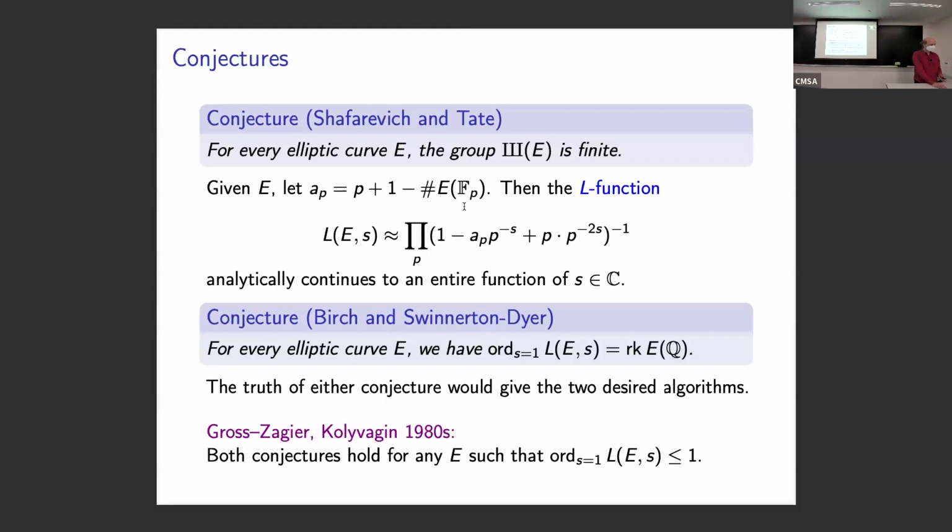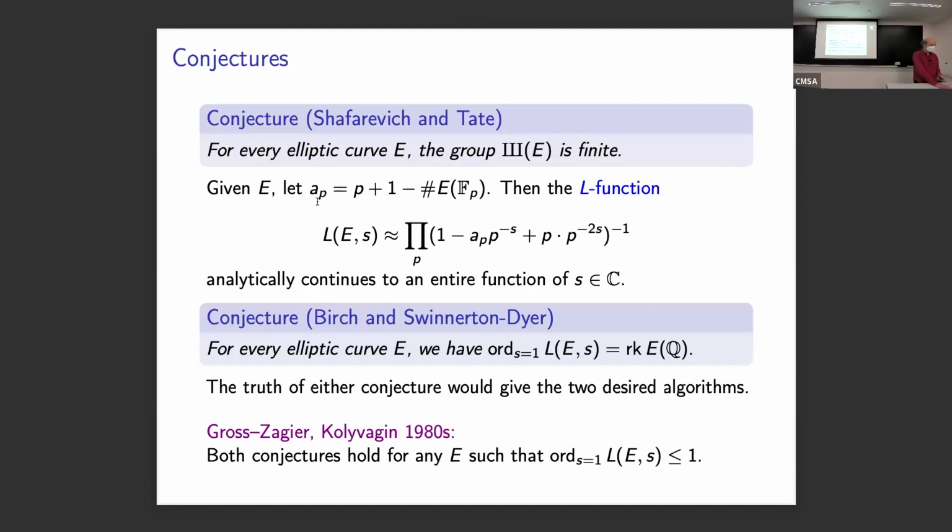including the point at infinity. If you take the number of solutions and compare it to the expected number of points you would have on a projective curve, and measure the deviation, it turns out that this deviation is bounded, for almost all p, by 2 times the square root of p.